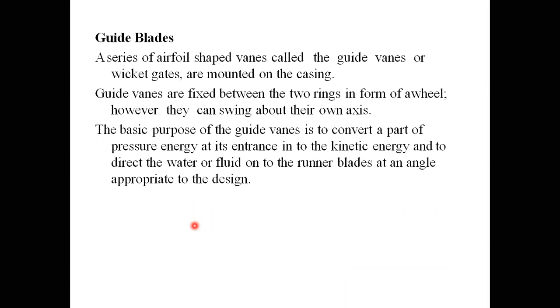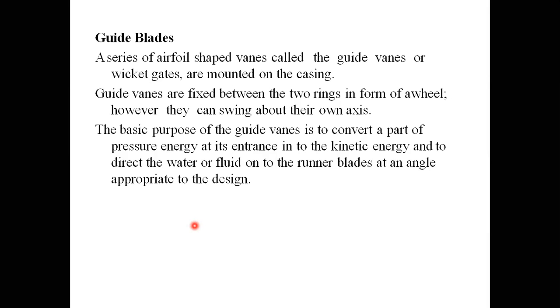Now, guide blade. A series of aerofoil-shaped vanes called the guide vanes or wicket gates are mounted on the casing. Guide vanes are fixed between the two rings in front of the runner wheel. However, they can swing about their own axis.